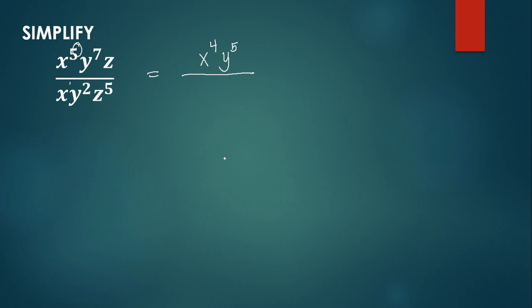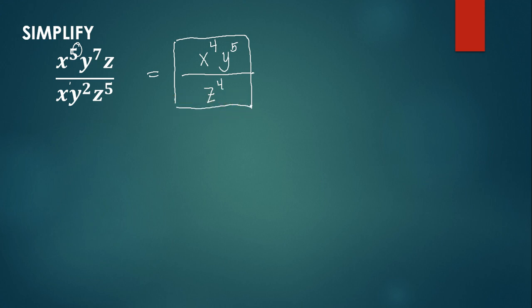Sinubtract ko yung exponent niya, 7 minus 2. And then, z divided by z raised to 5. Ang sagot natin dito ay z raised to 4. Ilalagay natin siya sa baba since yung exponent na nasa baba ay mas malaki kesa sa numerator. So, this will be our final answer.